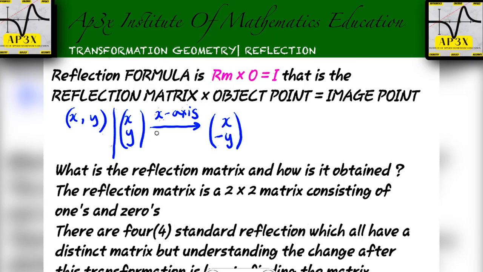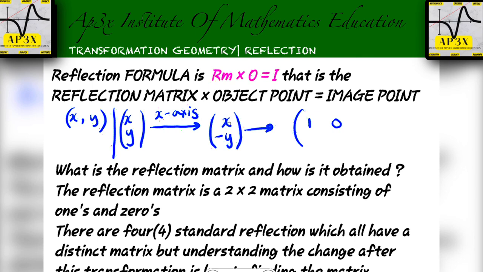Now, once you understand that a random point undergoing a reflection in the x-axis will have the y coordinate changing, we then split this up into a 2 by 2 matrix. So we say there is one x at the top, and there is no y at the top, so it becomes 0y. We're just focusing here like so. All right, so therefore here we go.